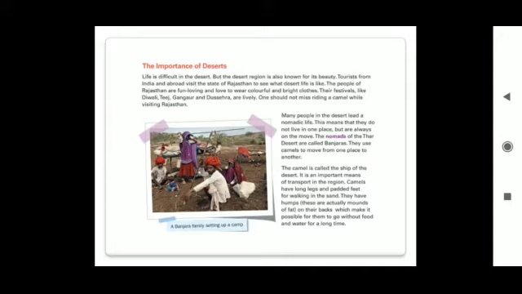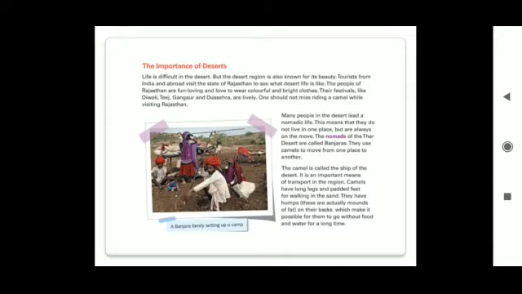Many people in the desert lead a nomadic life. Now, what is nomadic? This means that they do not live in one place but are always on the move, always moving from one place to another. The nomads of the Thar Desert are called Banjaras.